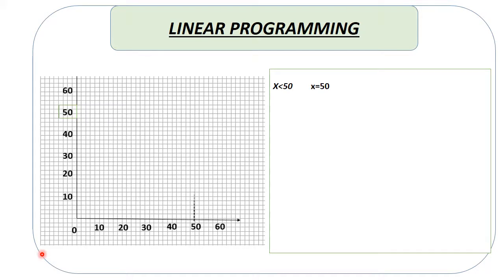So we start with x is equal to 50. So x is equal to 50 is just a vertical line that cuts the x-axis at 50. You remember the secret I told you about vertical lines and horizontal lines. With that being said, less than implies it's a dotted line. If they are equal to, then it's going to be a solid line.